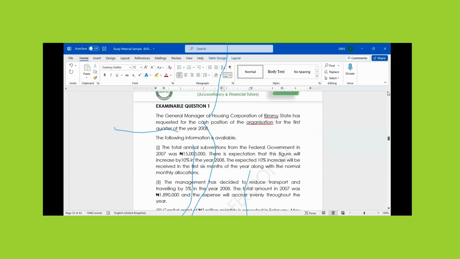Is that subvention received an outflow or inflow? Inflow. We are preparing a cash budget for 2008. What they received in 2007 is how much? 15 million. 15 million, Abi? Yes.